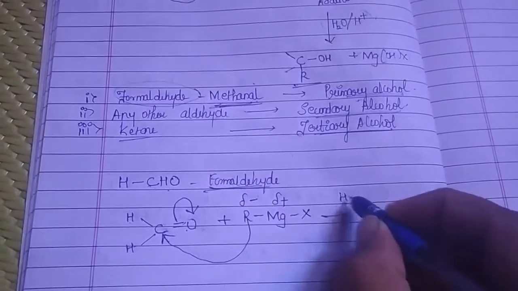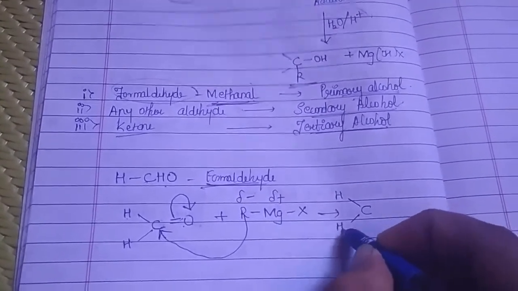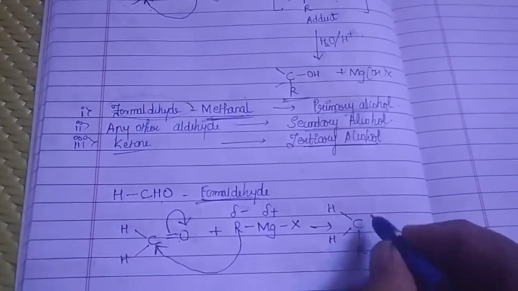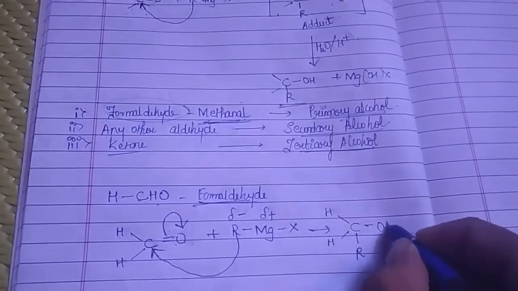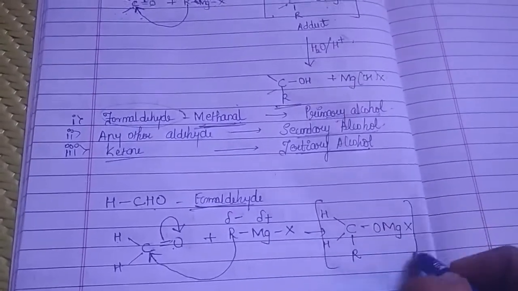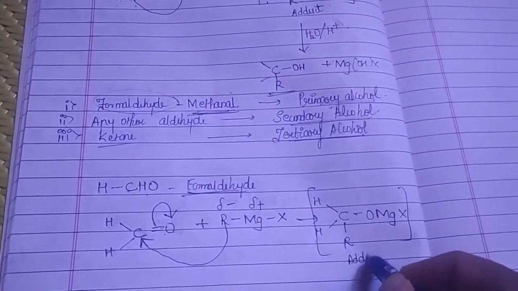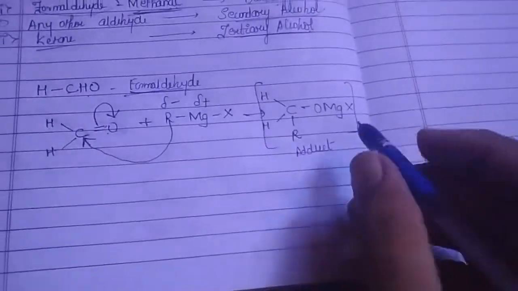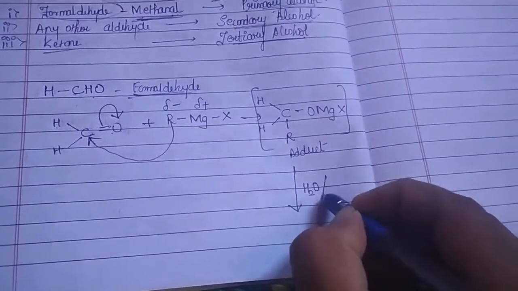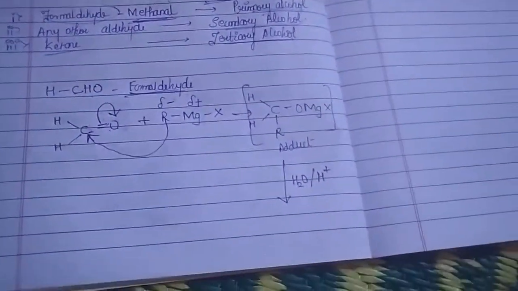Don't forget to write one H here, one H here, and R, and as usual you will get O, Mg, X. So this is an adduct. Now when this adduct undergoes acid hydrolysis, that is H2O in the presence of H plus.